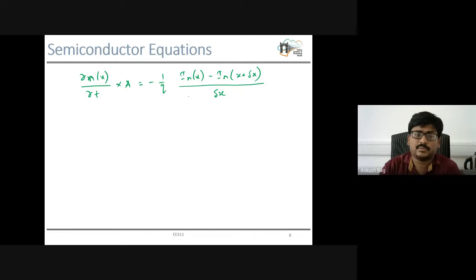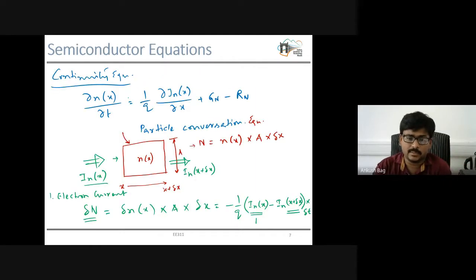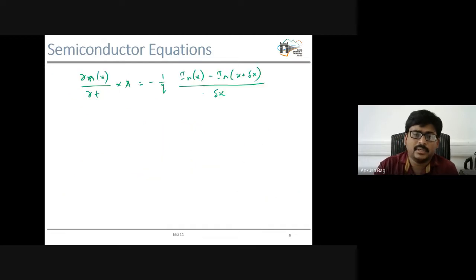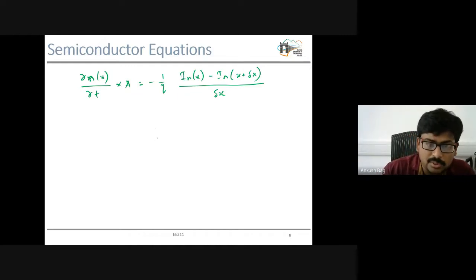We are simplifying this equation: here we have del N_x, and we take this del x to the denominator, and now we have this form. Now this one we can write finally.